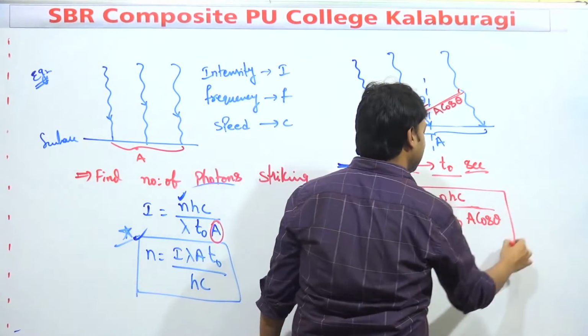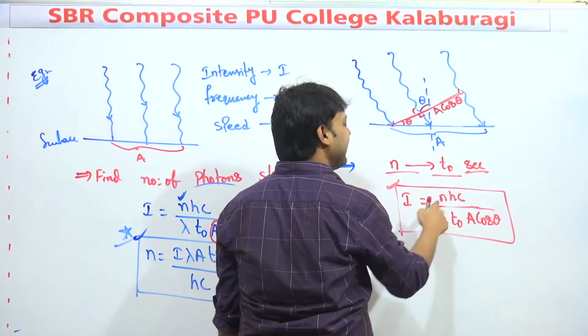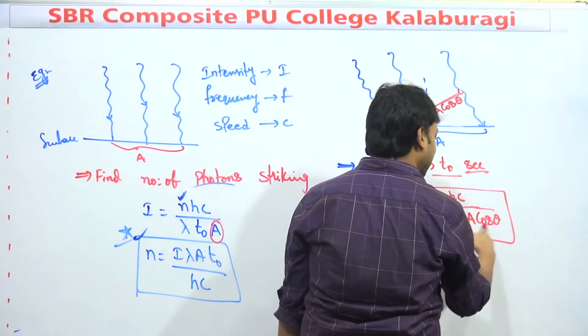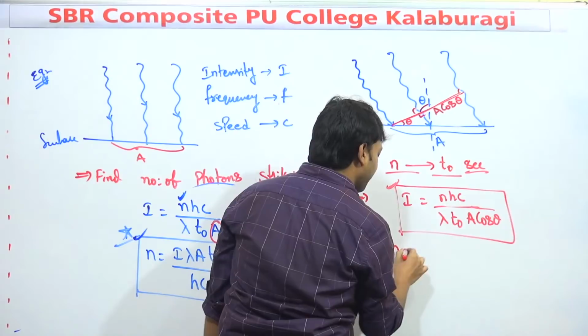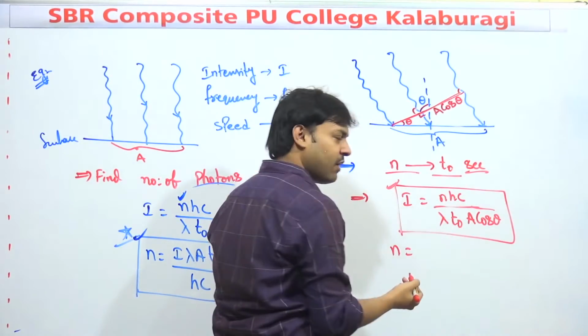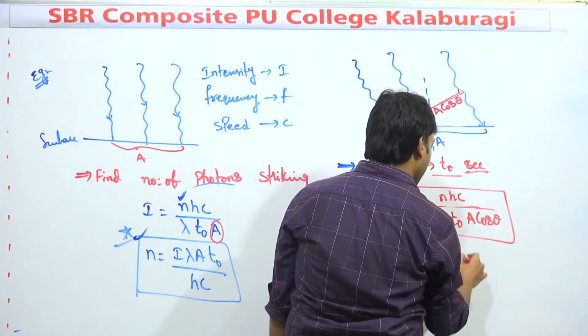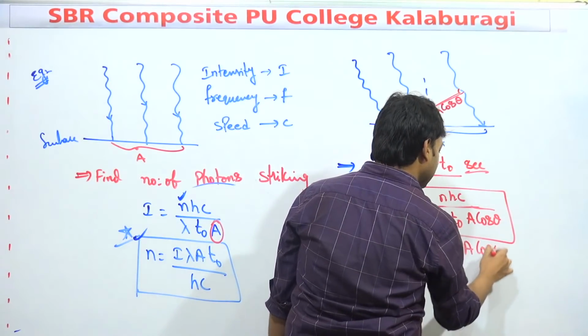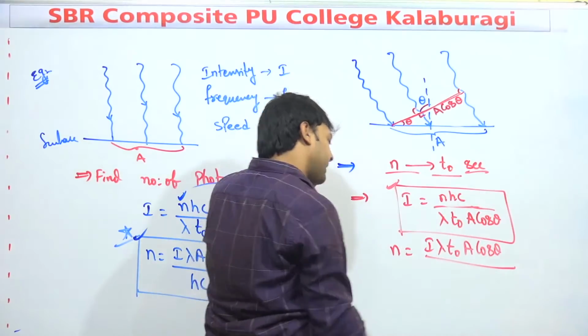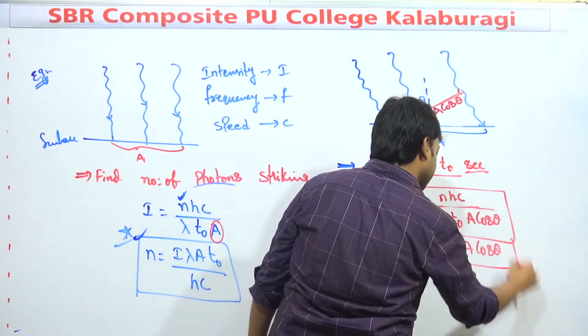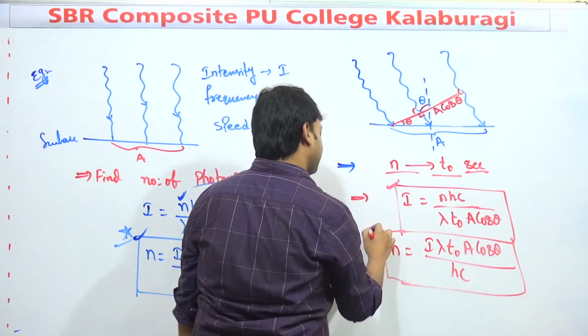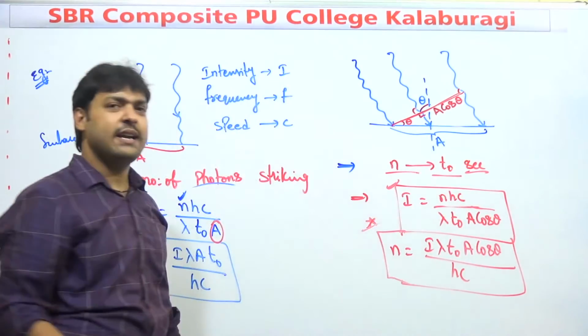So intensity is equal to nhc by lambda into T A cos theta. So we want the number of photons. What can I write for the number of photons? It is I lambda T0 A cos theta divided by hc.